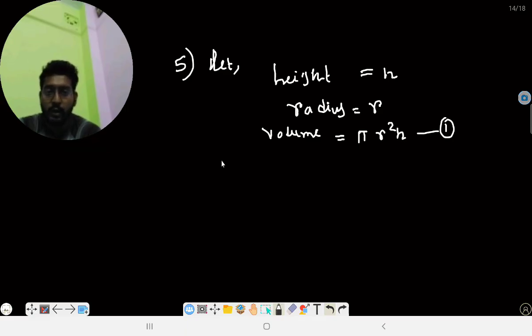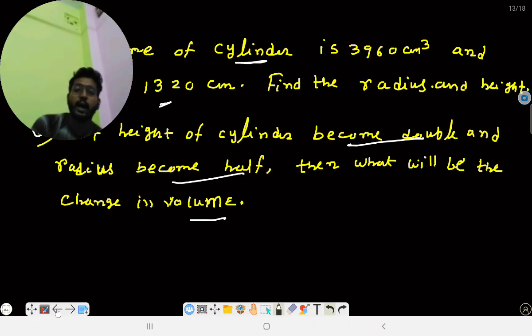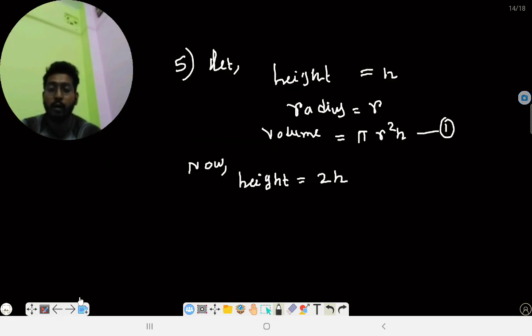Now in the new case the height is double, so the height will become 2h. It is given the height becomes double and the radius becomes half, so the radius will be r by 2. So what is the volume now?